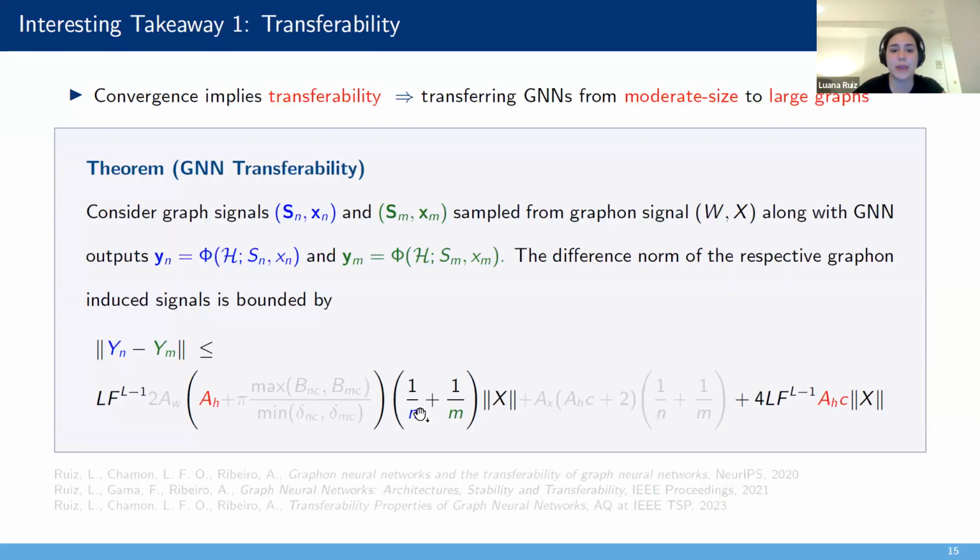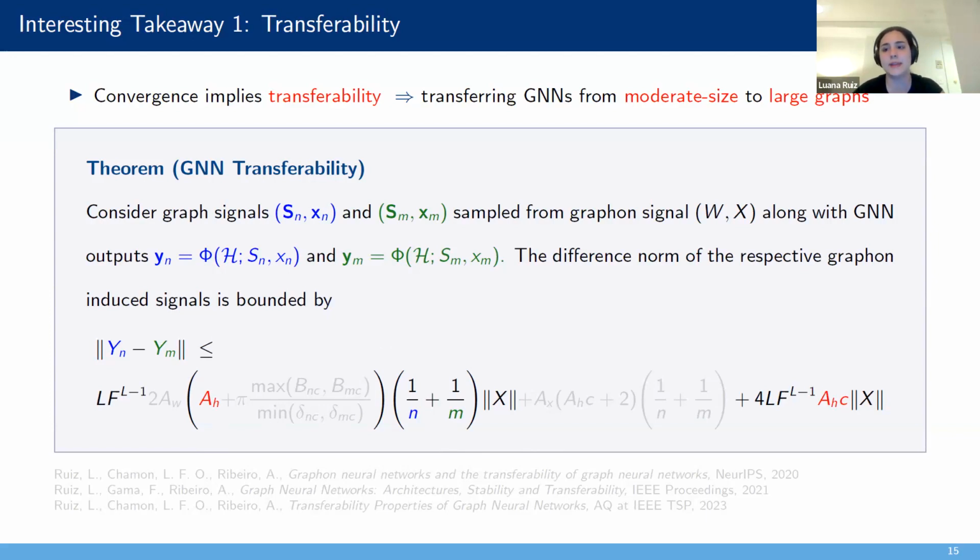And it is showing that this error decreases with the size of both graphs, and is showing the explicit dependence of the bound on the Lipschitz constant AH of the filters of the GNN, which allows us then, given this upper bound, to design graph neural networks in the sense that we can train them on small graphs whose size is determined by this bound, right, by evaluating this bound, and then transfer them to large graphs with performance guarantees given by this bound, right?